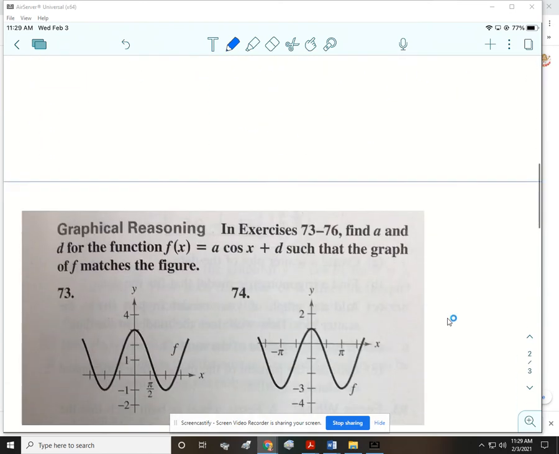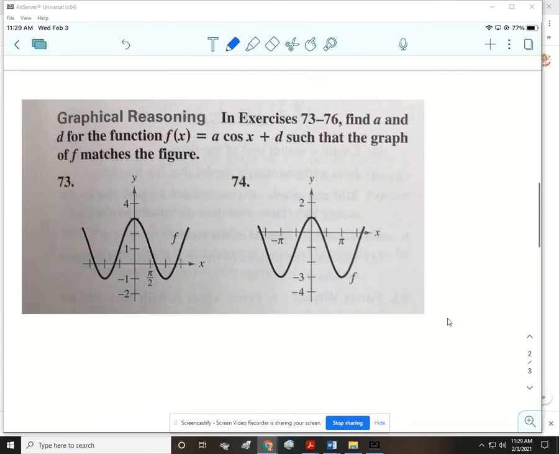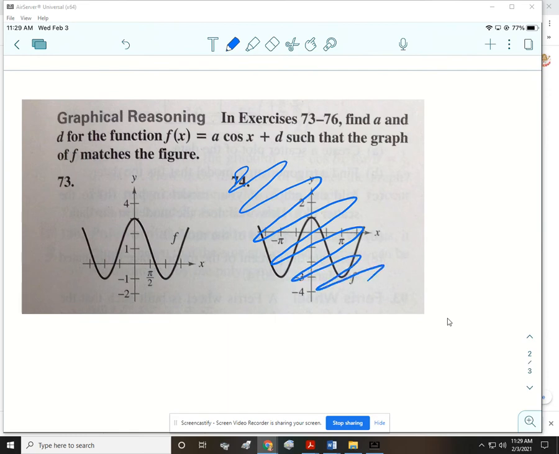Okay, so the next one we're going to do in the book is 73. The directions say to find A and D for the function such that the graph of f matches the figure. So A has to do with the amplitude, and D has to do with the vertical shift. What I do is I look and try to see where the middle or the baseline of the graph is.